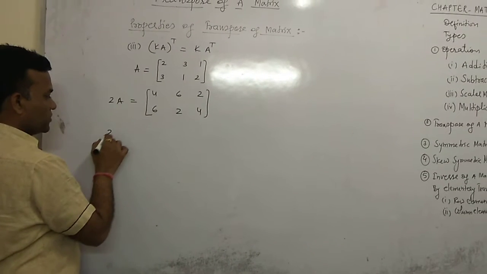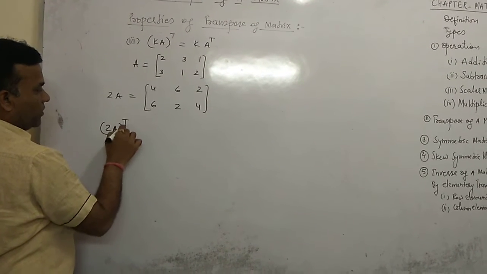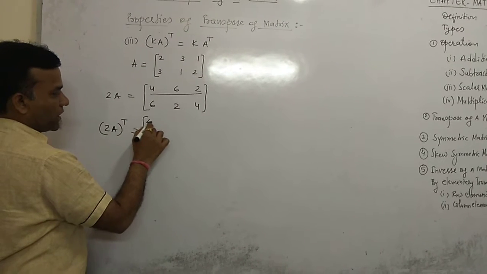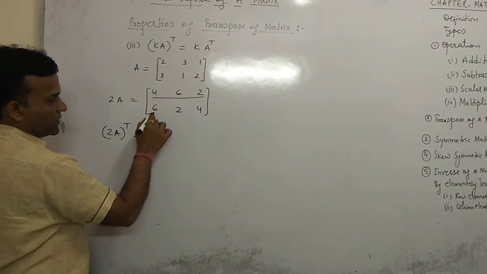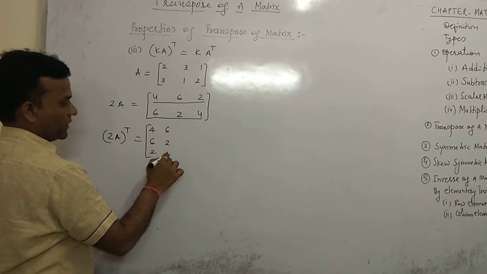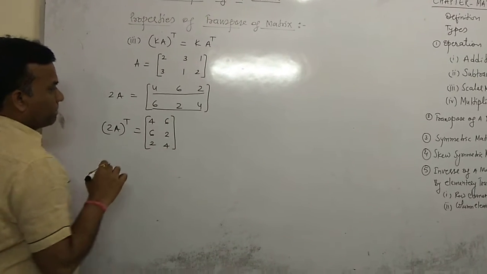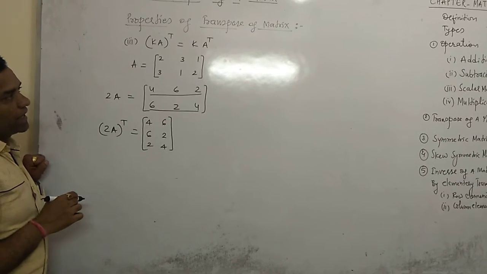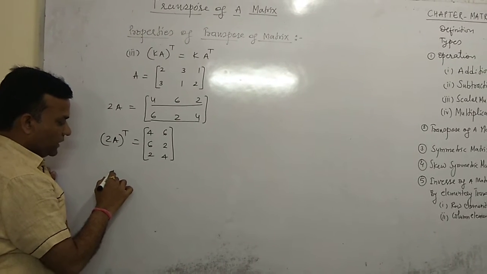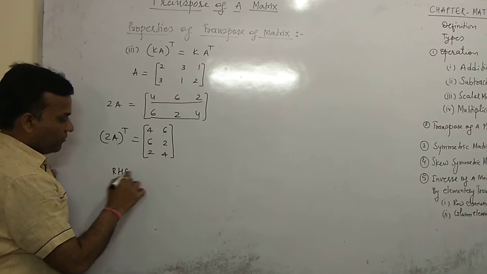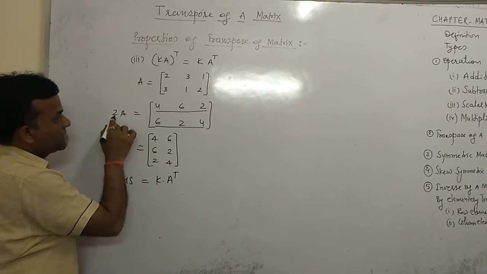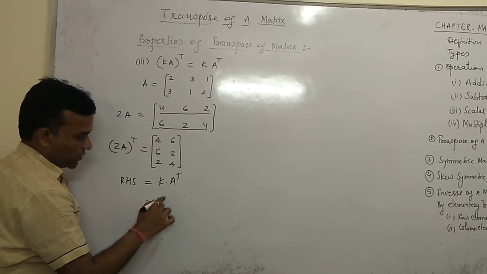Then the transpose of this whole: your first row 4 6 2 is converted into a column. Similarly, your second row is converted into a column. Now we find the same on the RHS side, where you have K into A transpose. On the right hand side you have the value of K into A transpose, and now your K is 2.